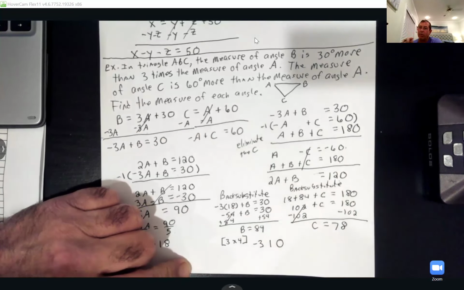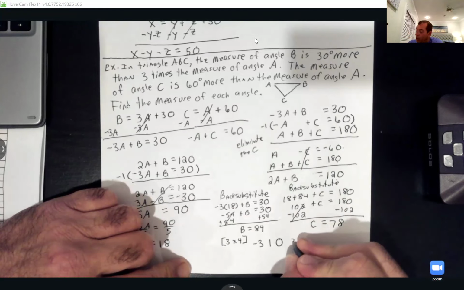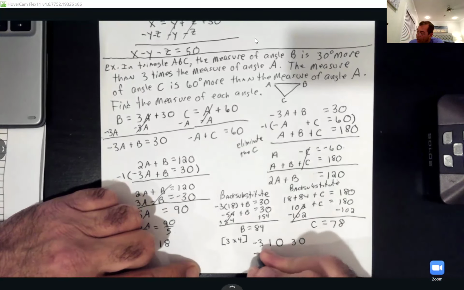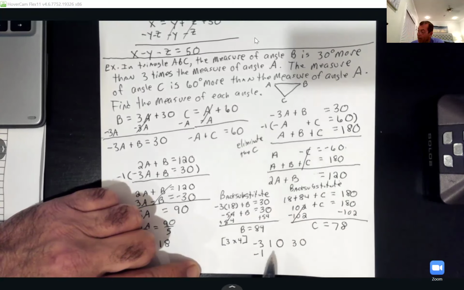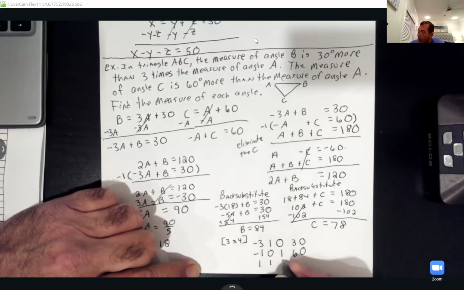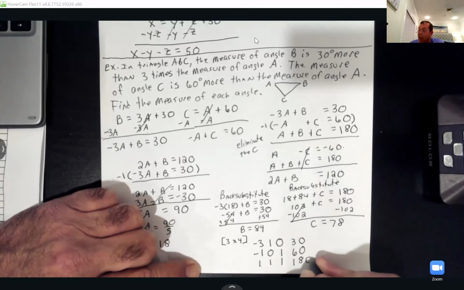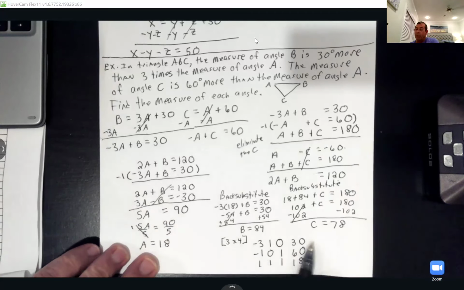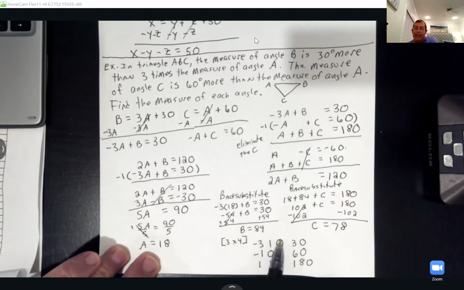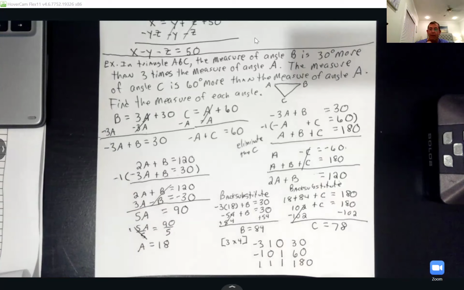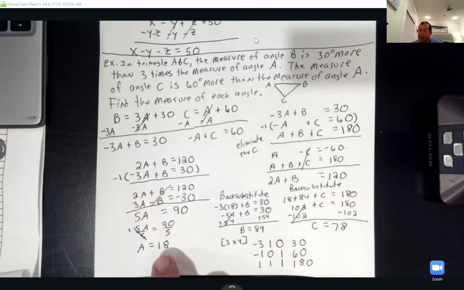Remember, if something's missing, you're always going to put a 0 there. And then I'm going to put 30 for that row. The second row, I'm going to put -1 because that was a negative A. There's no B, so that's going to be a 0. There's one C, and then that row equals 60. Then my last row, 1, 1, 1, and 180. Remember, we only put numbers, but every place has to have a placeholder. And if that variable is missing, you're going to put a 0 there, okay? So y'all, let's go on the calculator, and we hope it gives us 18, 84, and 78, okay?